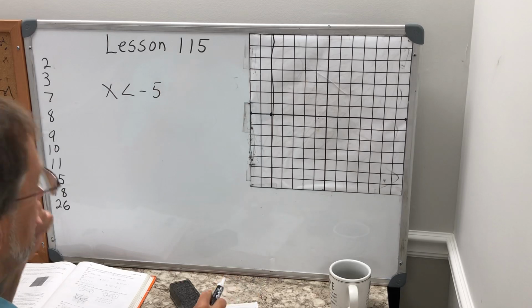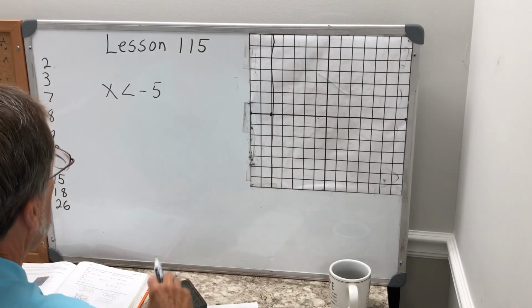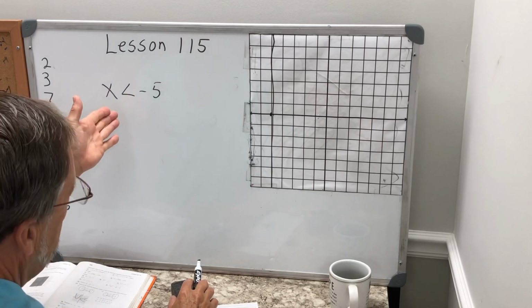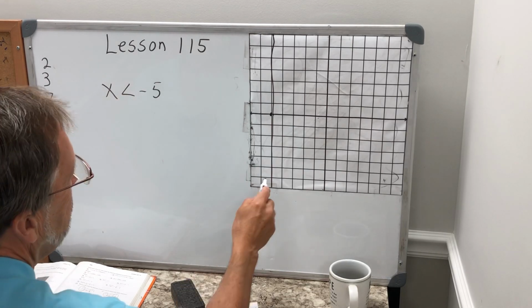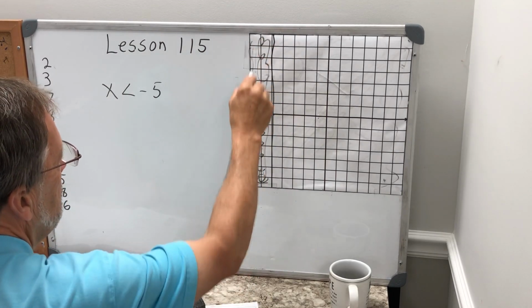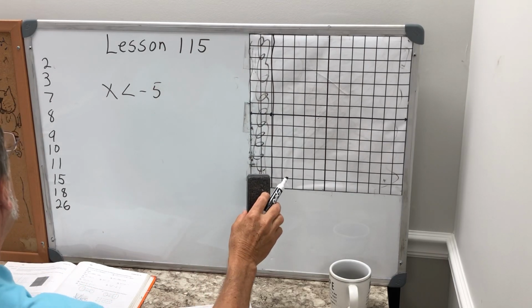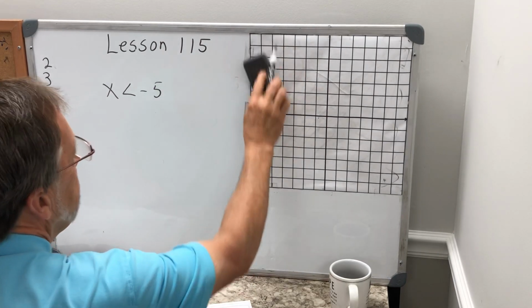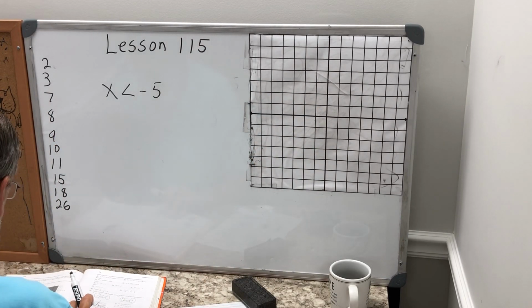Which side do we shade? This side or that side? If you agree, I think without even checking it out, we can tell that x is less than negative 5, so x is all this side over here. All right, that is number 7, 8, 9. That's your new stuff for today. We'll be working on that in future lessons too.